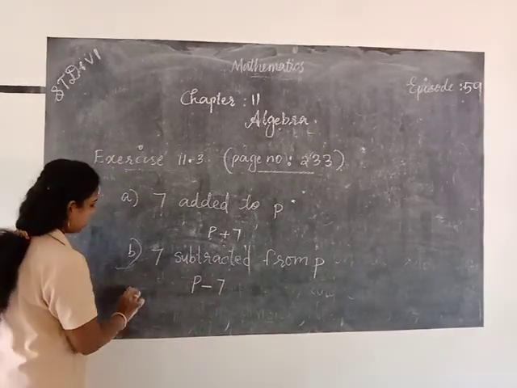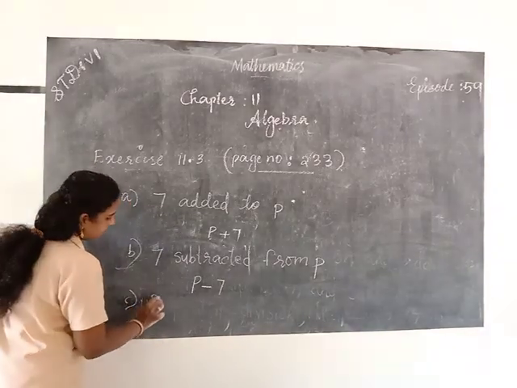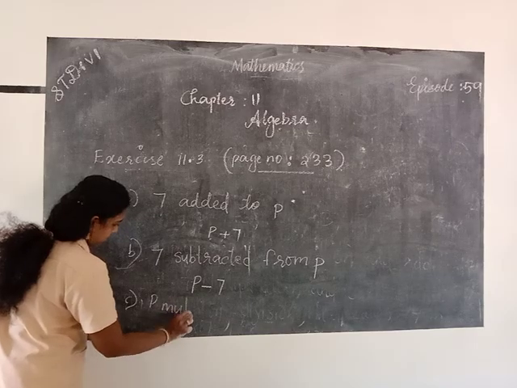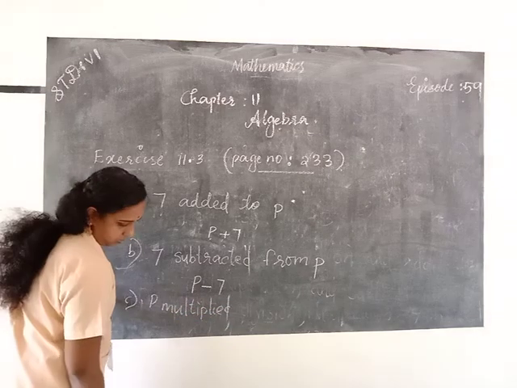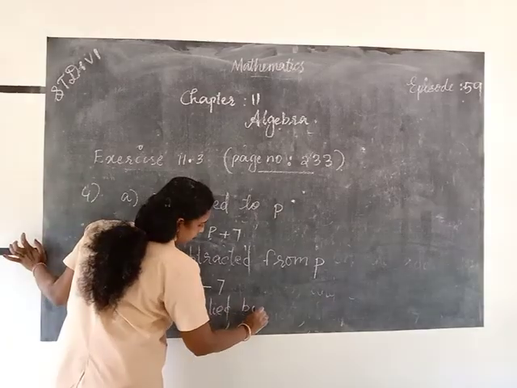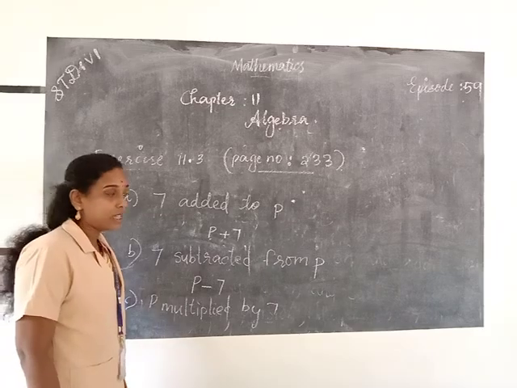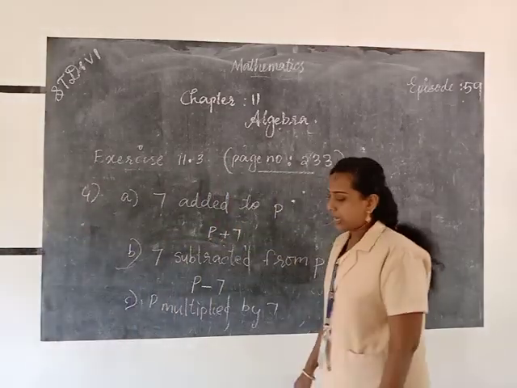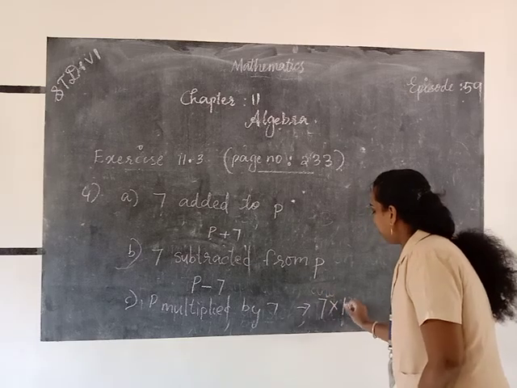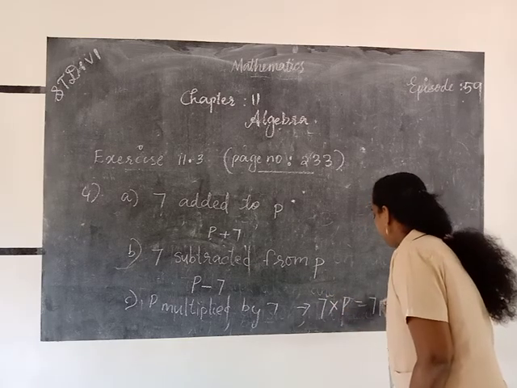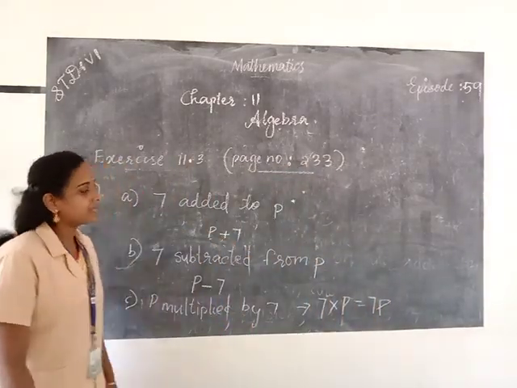Then the next question, C, P multiplied by 7. Which means the operation is multiplication and P is multiplied by 7, that is 7 into P, that's equal to 7P. 7 is multiplied by P, then the expression is 7P.